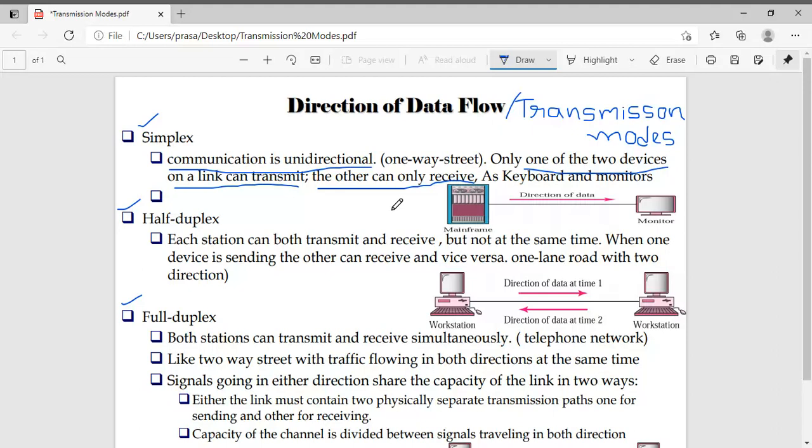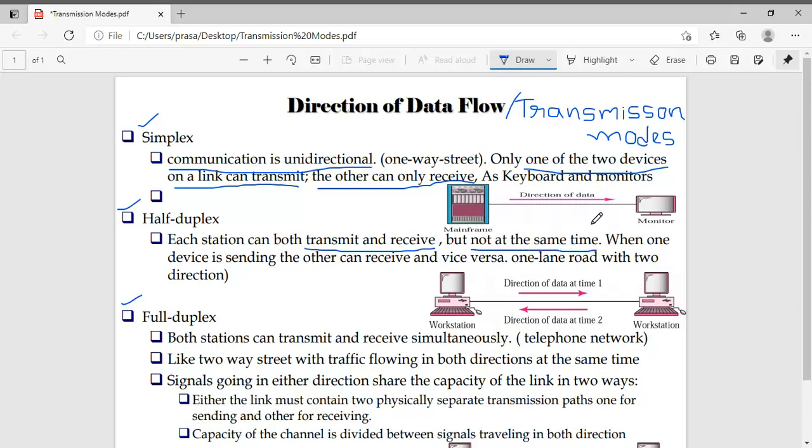Now, how is it going to happen? It is going to happen in such a way that each station can transmit the data and receive the data. That means each station can become sender or receiver. But one thing which we have to observe here is, not at the same time.